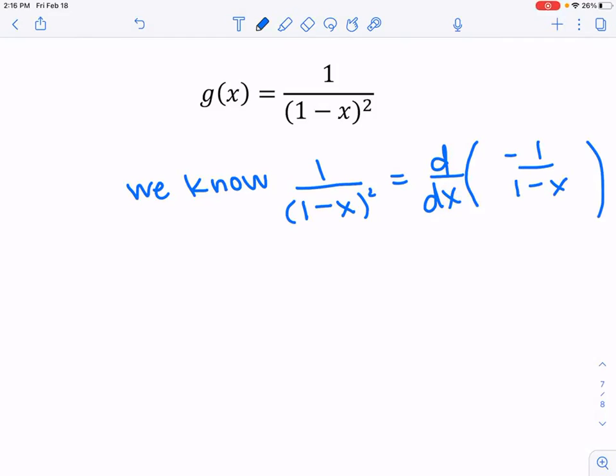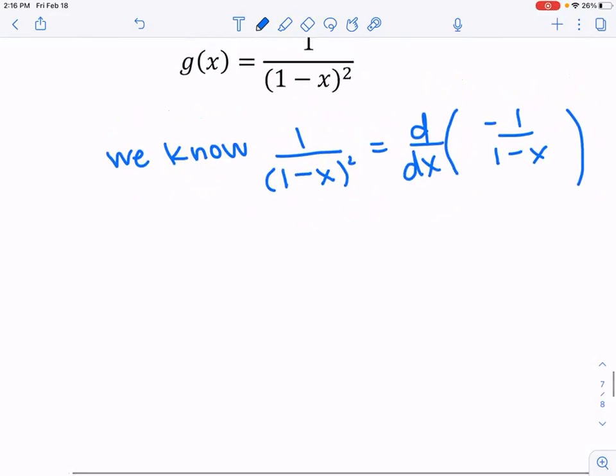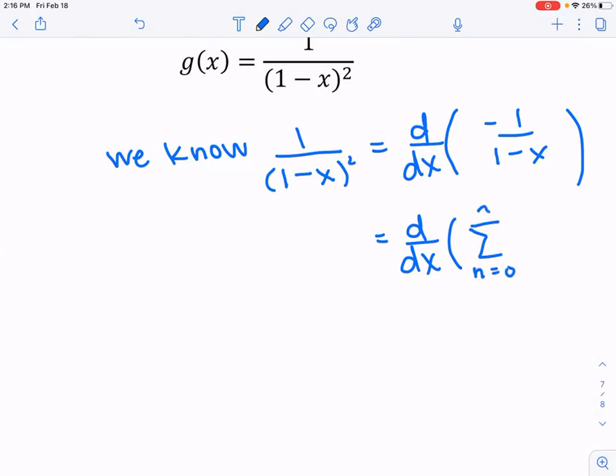You don't like where this is going? Why is this bad? So 1 over 1 minus x is the series, n equals 0 to infinity of x to the n.